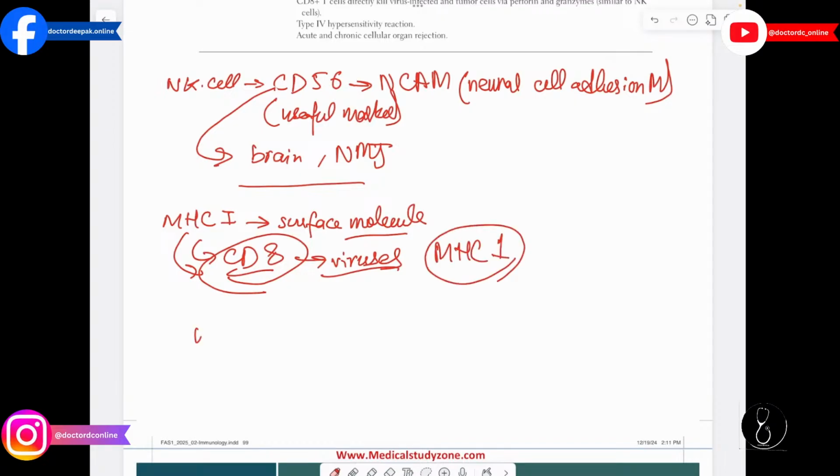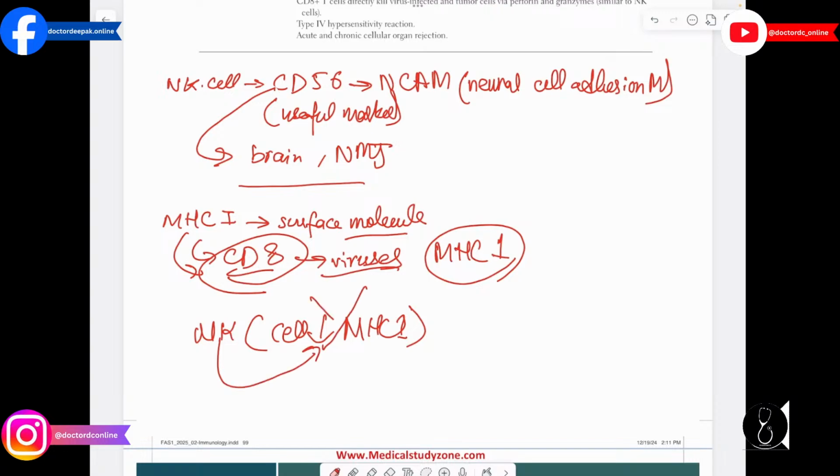When the natural killer cell finds any cell having decreased expression of MHC class 1, they go and kill and destroy that cell. Why? The natural killer cell suspects that in that cell the virus is blocking MHC class 1 expression.